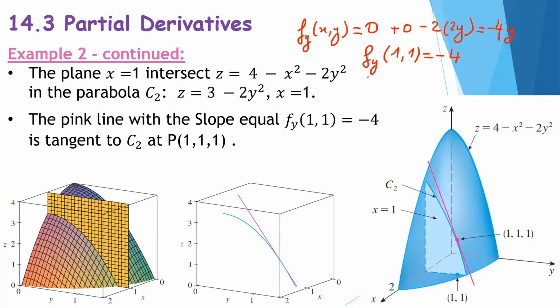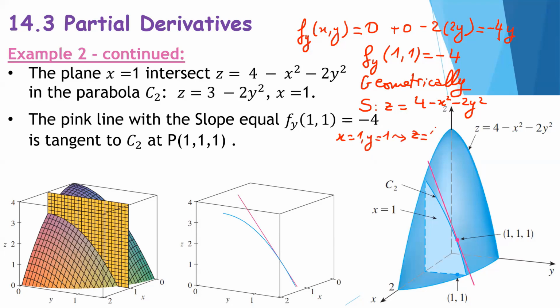Now, geometrically, our surface S has equation z equals 4 minus x squared minus 2y squared. When x equals 1 and y equals 1, we calculated z to be 1.